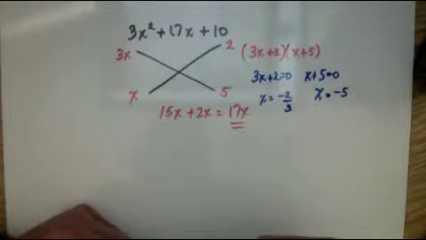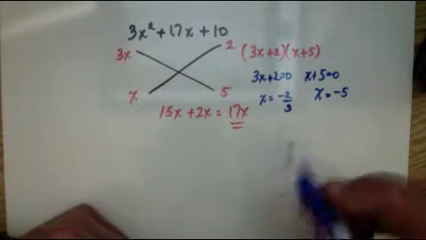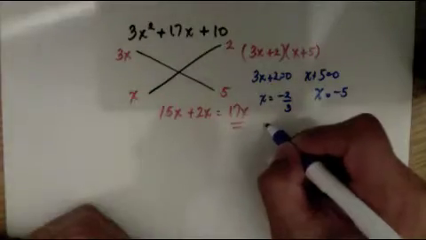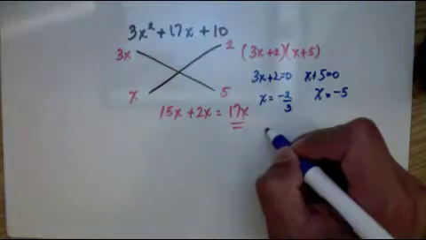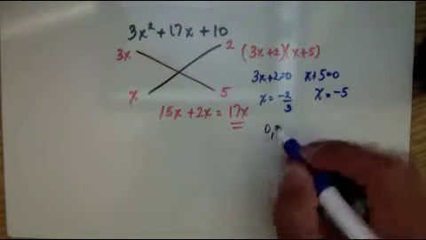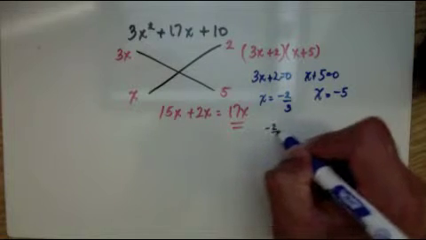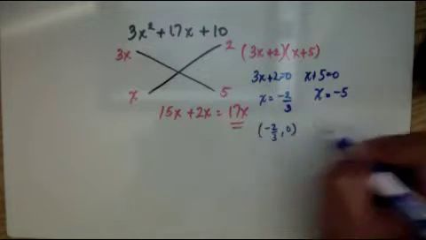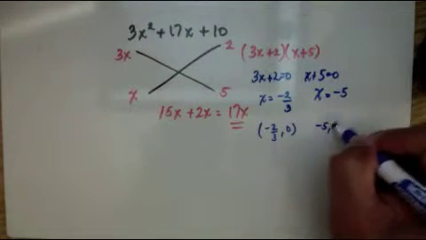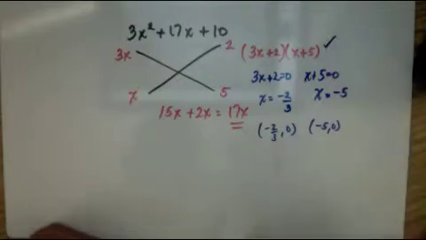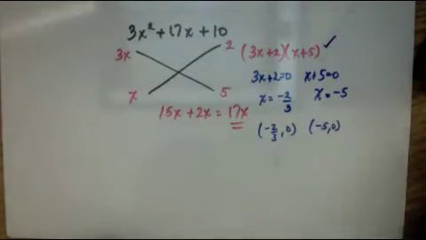And later on, when we talk about graphing quadratics, you're going to find that these are actually the x-intercepts. So these will end up being actually points on the graph. The x goes first: negative 2/3 comma 0, and then this one would be negative 5 comma 0. But if they ask you just for the factors, this is as far as you go.